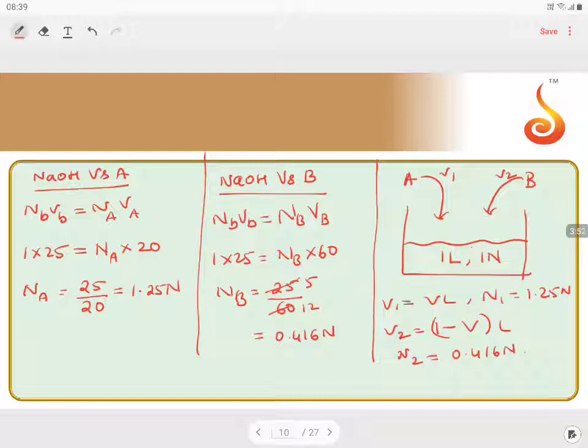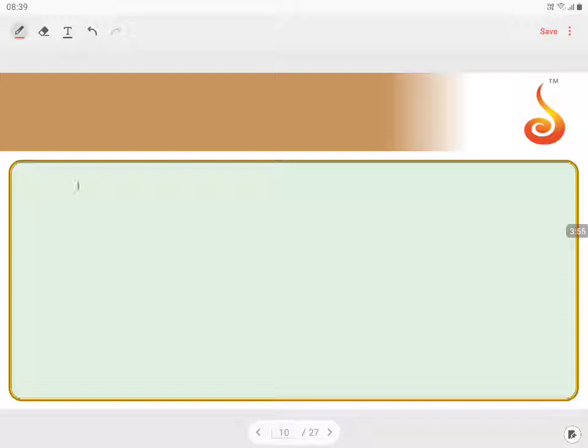We are going to use the formula for resultant normality. Resultant normality equals (N1 V1 plus N2 V2) by the overall resultant V. We can send this one to that side also. So we can write N_R V_R equals N1 V1 plus N2 V2.